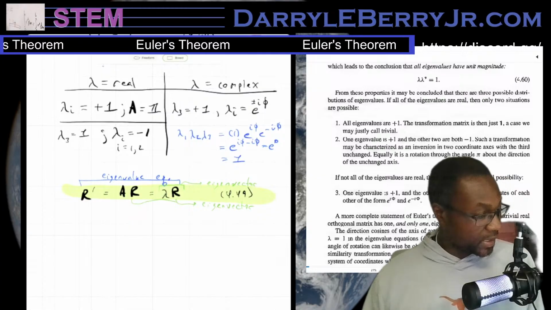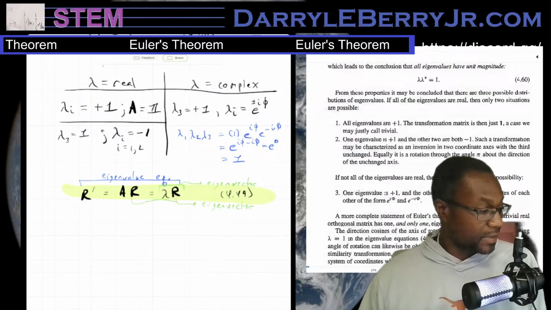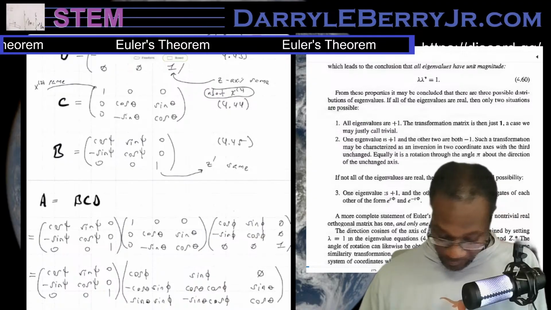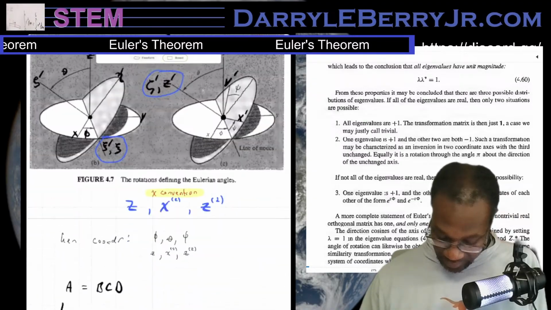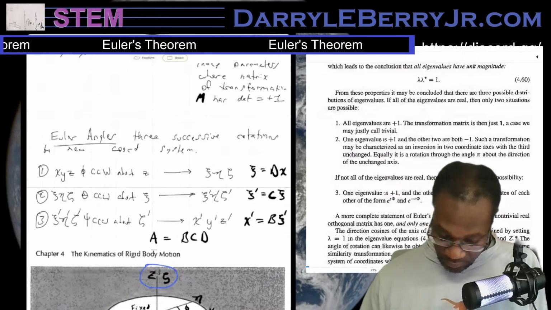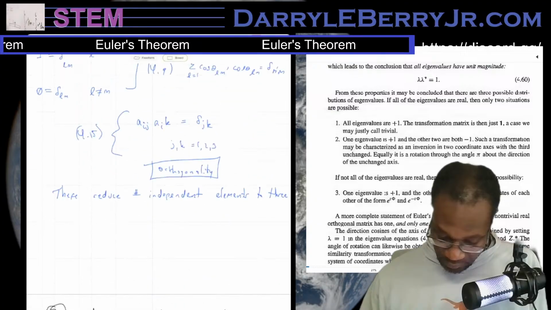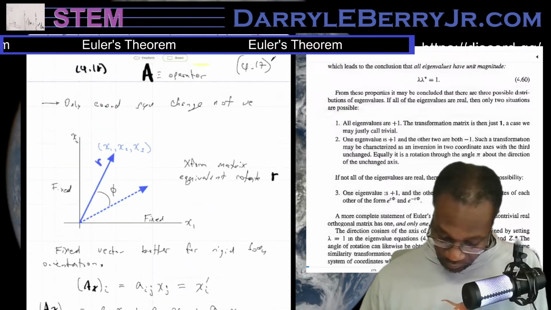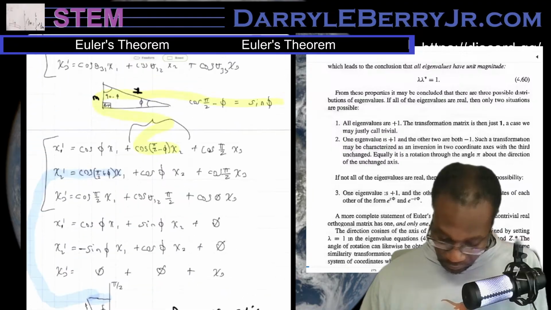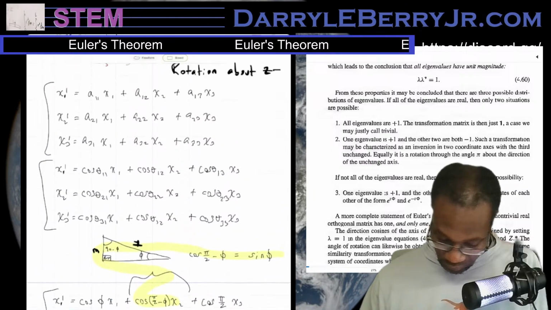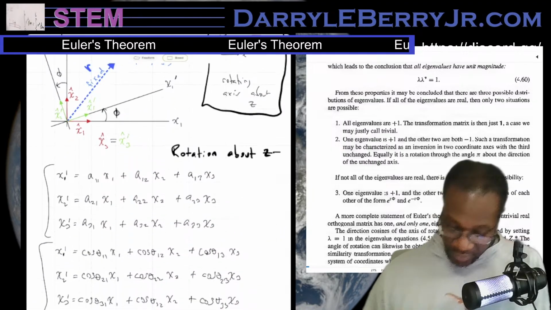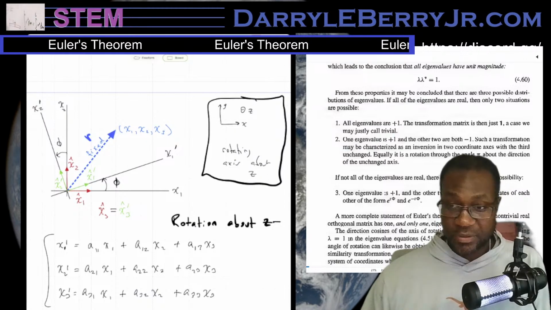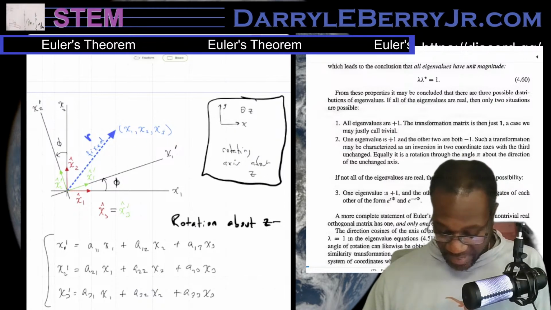All right, so looking at that, the direction cosines, and the direction cosines, by the way, are these cosines. These here. So basically, we have a body in 3 dimensions, and we rotate that body.